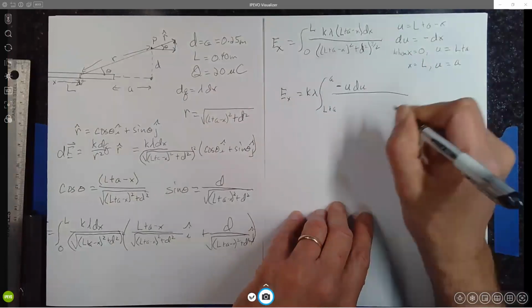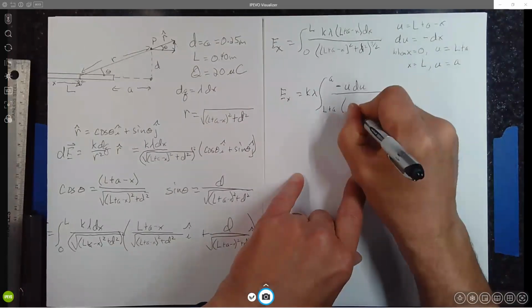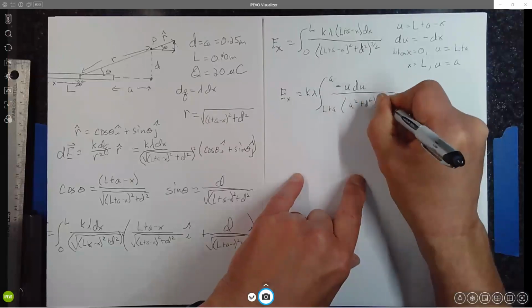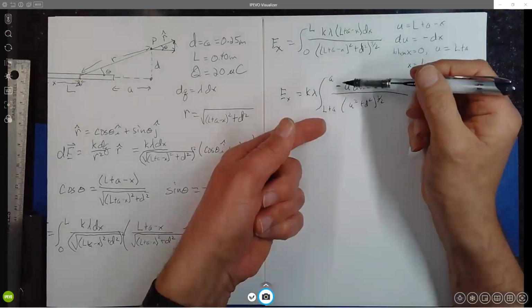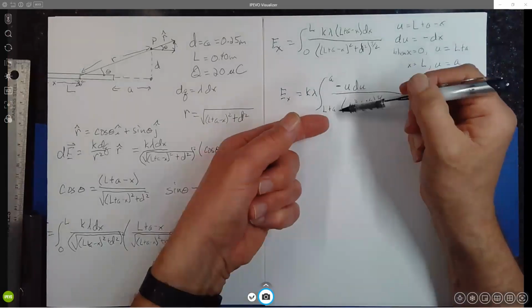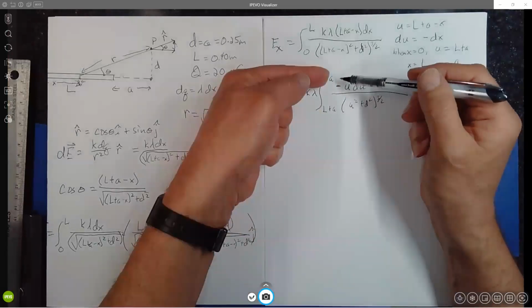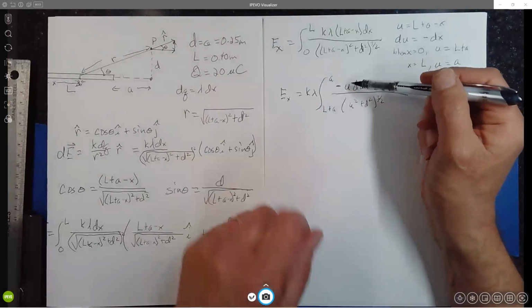And in the bottom, I'm just going to have u squared plus d squared to the 3/2. Now, if you do an integral in the reverse direction, you can change the sign of it. So I'll integrate from a to L plus a and just get rid of that minus sign.